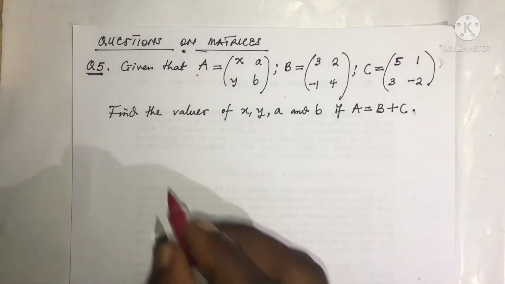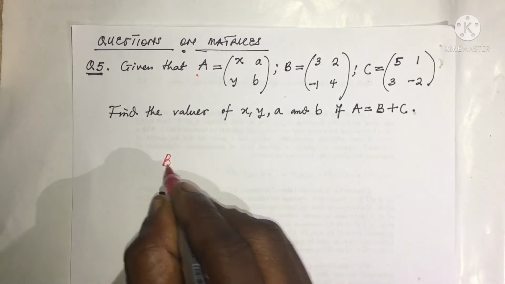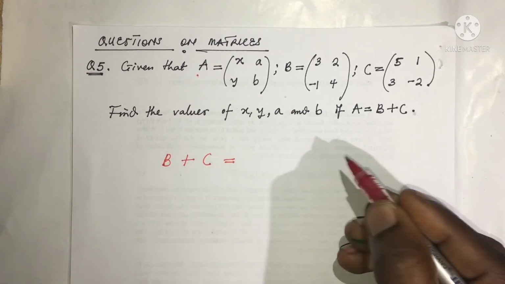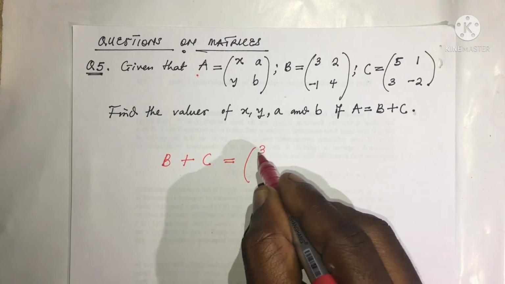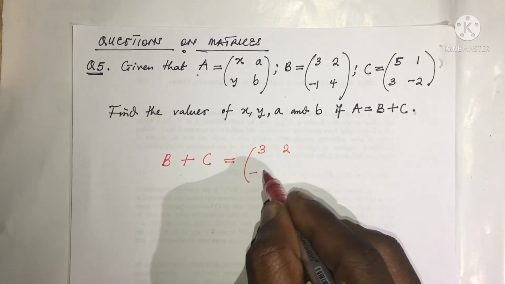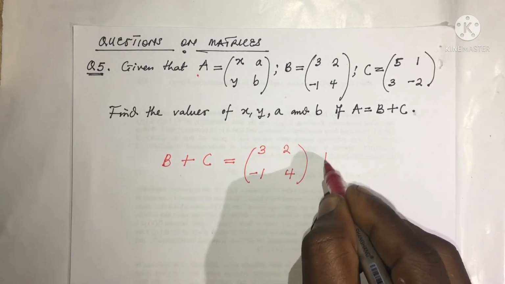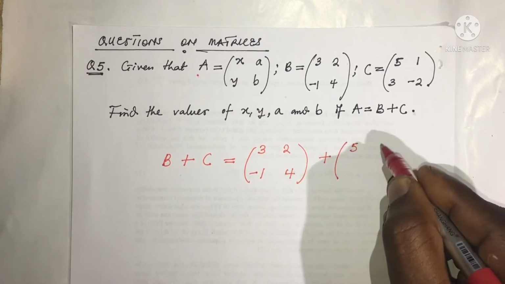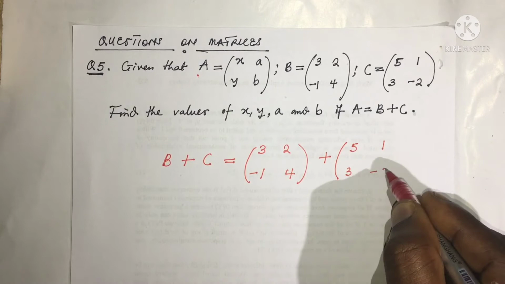So I'm going to write out matrix B plus matrix C, and on my right hand side I'm going to bring matrix B, which is 3, 2, minus 1, 4, and also matrix C, which is 5, 1, 3, minus 2.